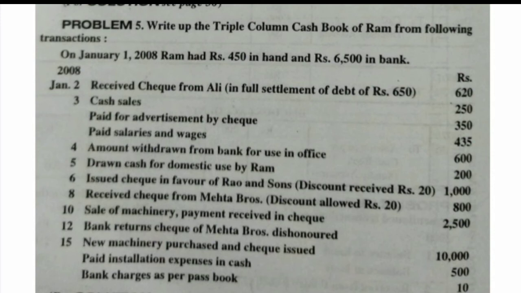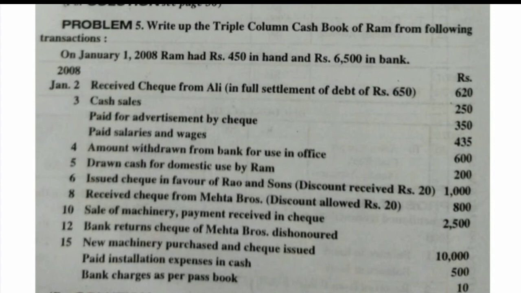Okay, sorry, because we issued a check in favor of Rao and Sons, we are paying to him. So Rao and Sons debit the receiver: Rao and Sons account debit to bank account 1000 and to discount received rupees 20.